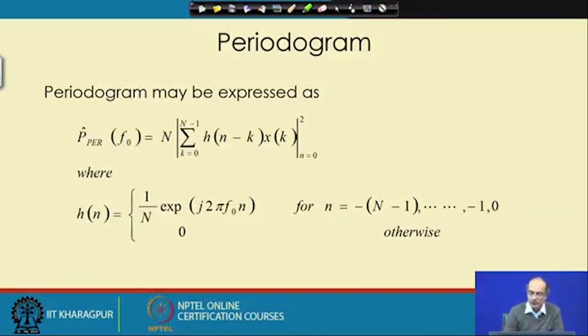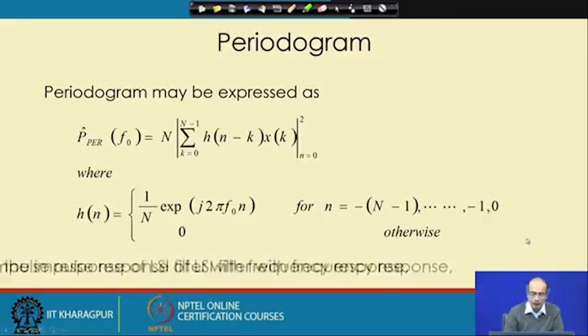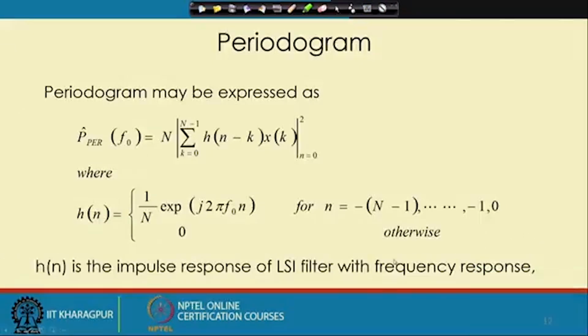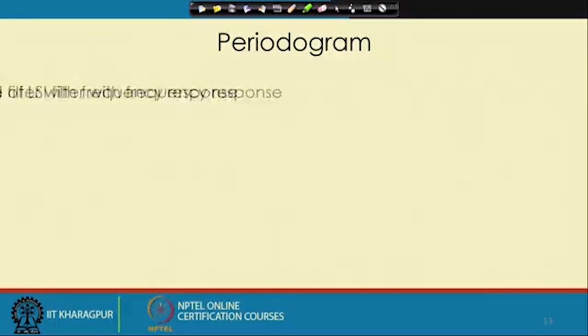So, now we get that h n is the impulse response of a linear shift invariant filter with some frequency response.